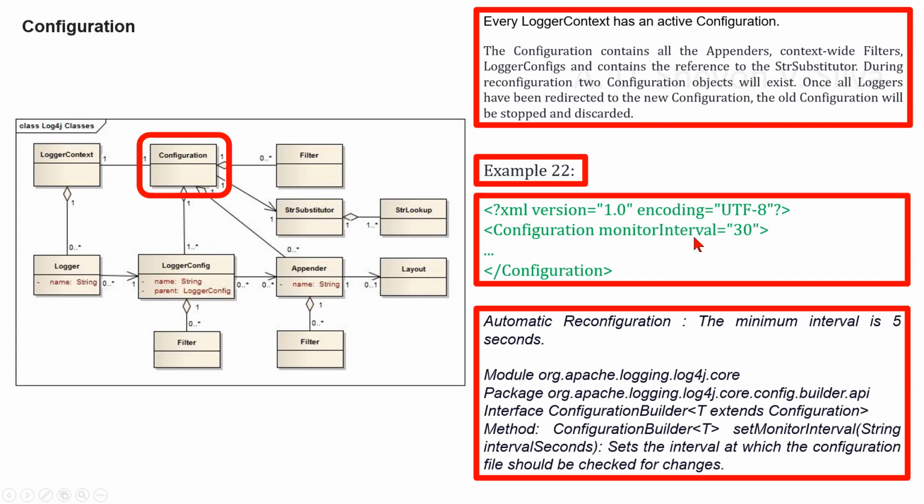The example here shows how to configure the attribute so that the configuration file will be checked for any changes only after at least 30 seconds have elapsed. The minimum interval is 5 seconds.